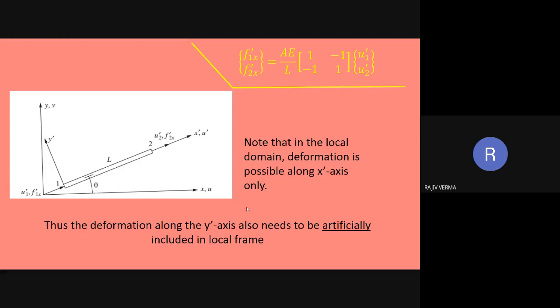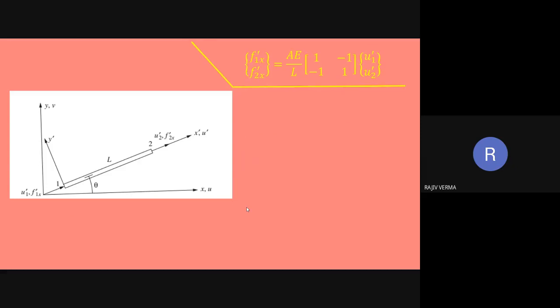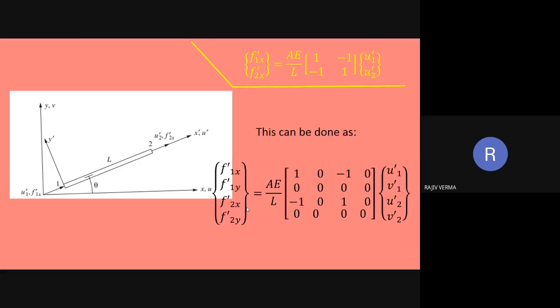And this can very well be done quite easily by an equation of the type on display. Please note that there are two additional terms which are now in the picture, indicated by V1 dash, V2 dash, and corresponding forces along the y-axis represented by F dash 1y and F dash 2y.